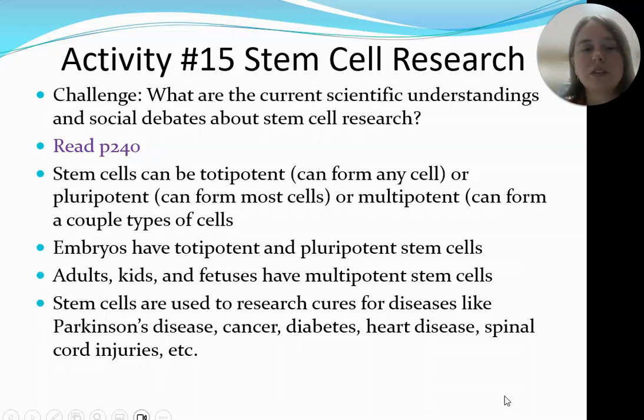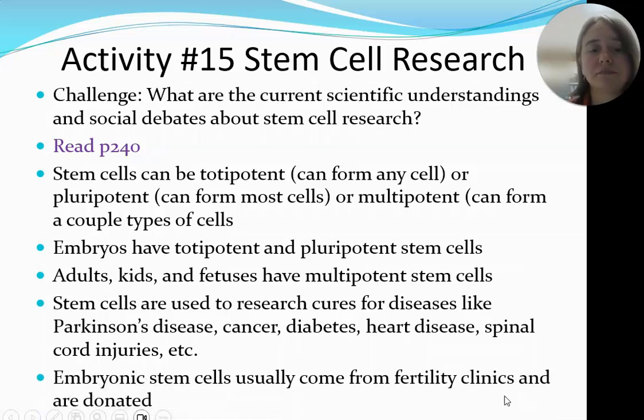So what do we use stem cells for? Stem cells are used for research, and we have used them for researching and learning about diseases like Parkinson's, cancer, diabetes, heart disease, spinal cord injuries, and so on. So using stem cells, we have made a lot of progress on these diseases. Embryonic stem cells usually come from fertility clinics and are donated.